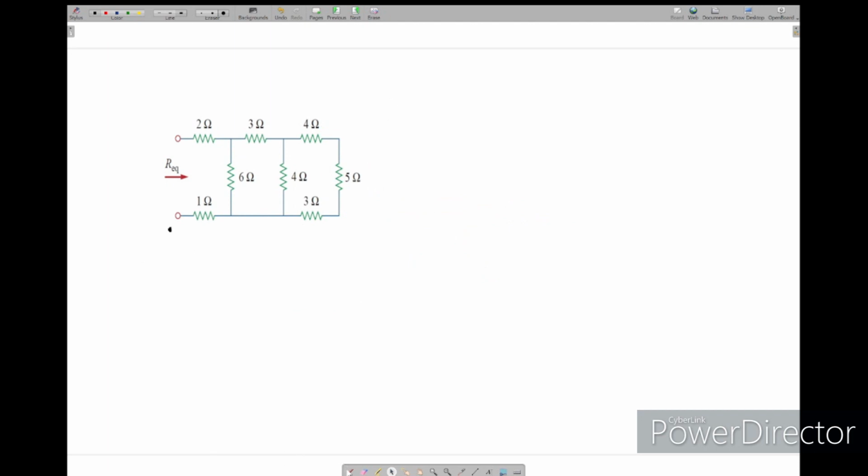To solve for the equivalent resistance, 4, 3, 5 are in series, so this combination gives 12 ohm.